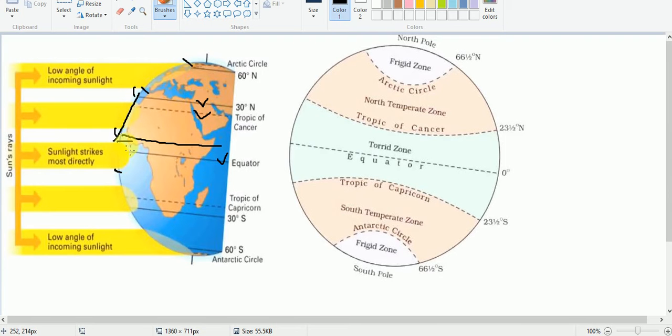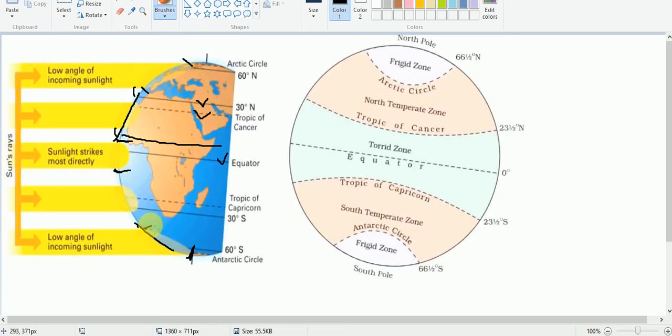In the case of vertical rays, it is spread over a smaller area. That means heat is concentrated in a smaller area, and that is why we feel hot. Likewise, in the polar areas, since the solar radiation is inclined, heat is distributed over a greater area. Just compare.